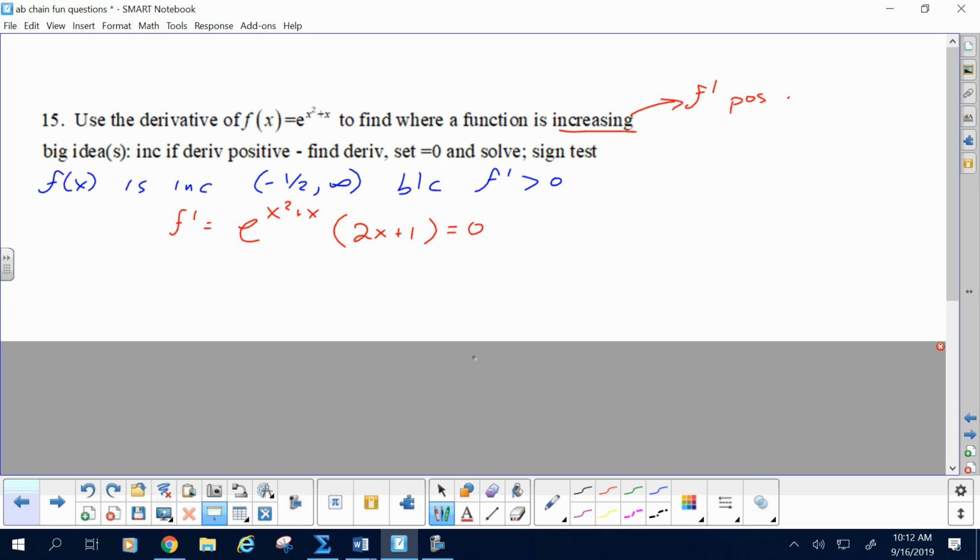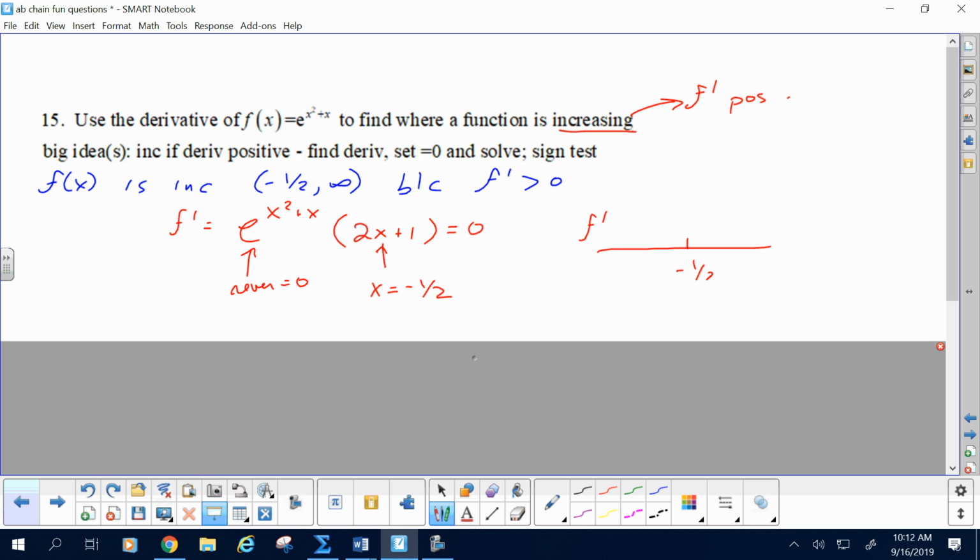Okay, we want to find where this is 0, because that's the dividing line between positive and negative. Can e to any power ever be 0? No, that's never equal to 0. So I just need to focus on the solution to the linear component, which is negative 1/2. Then I would say something like test before and after.